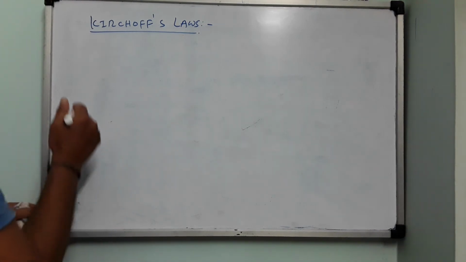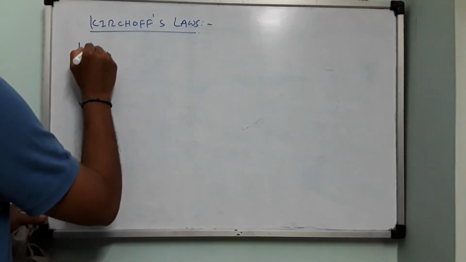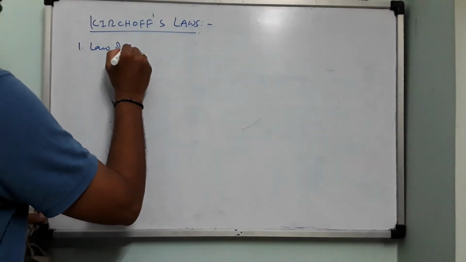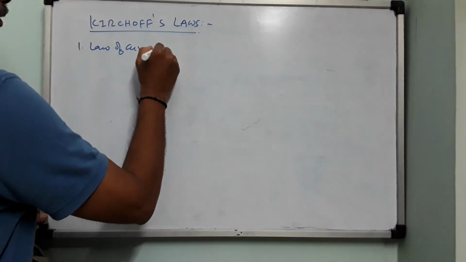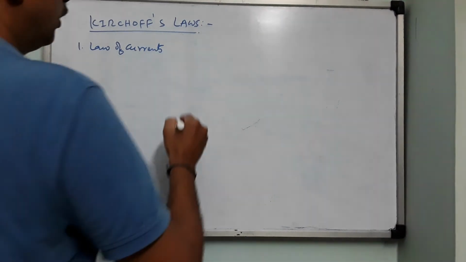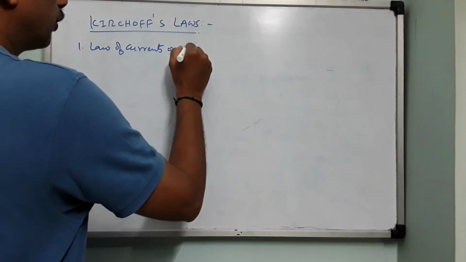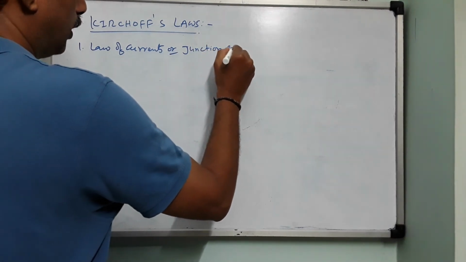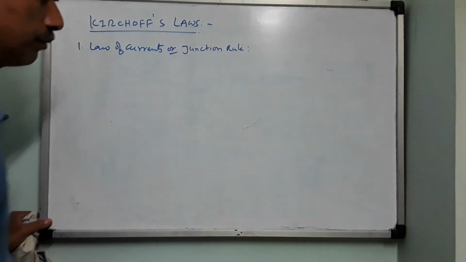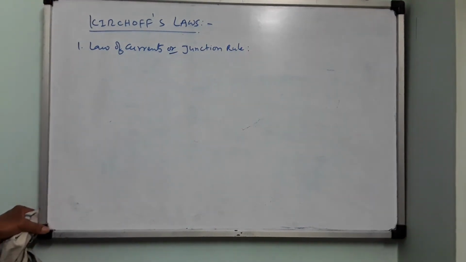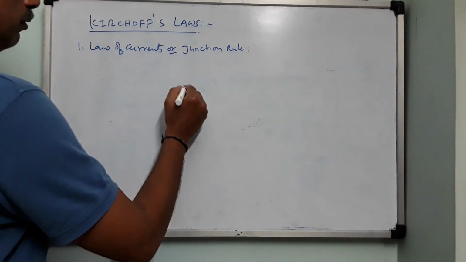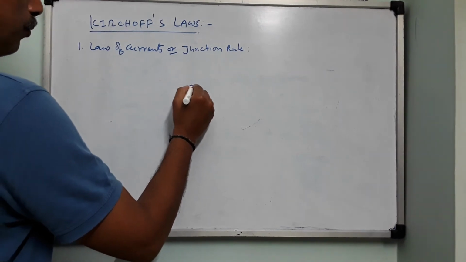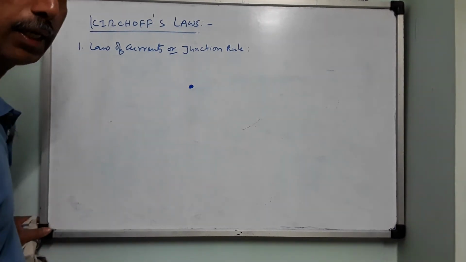So, first law is law of currents. This is also known as junction rule. Suppose you have a junction point in an electrical circuit.